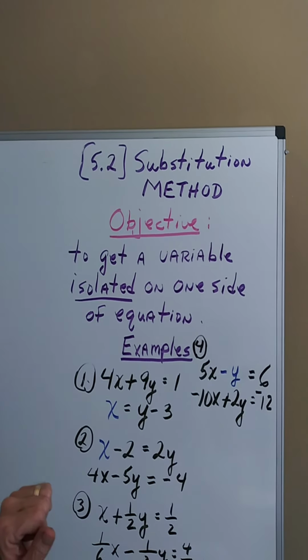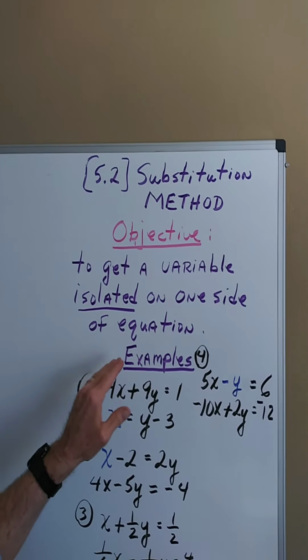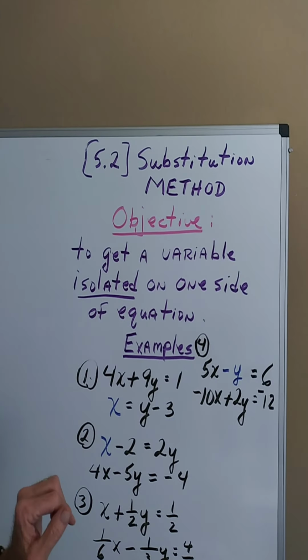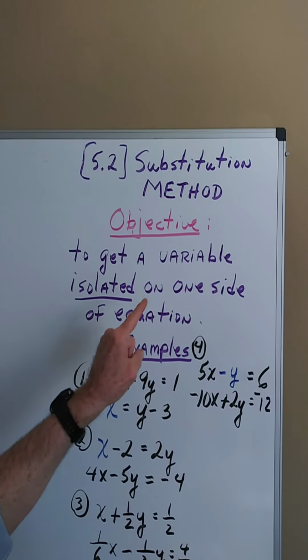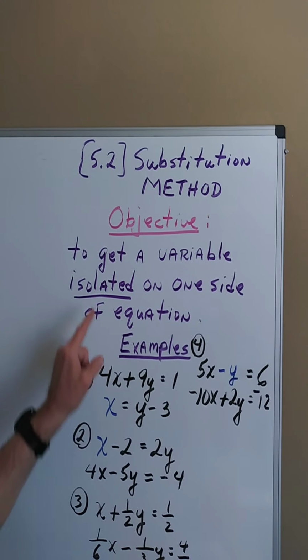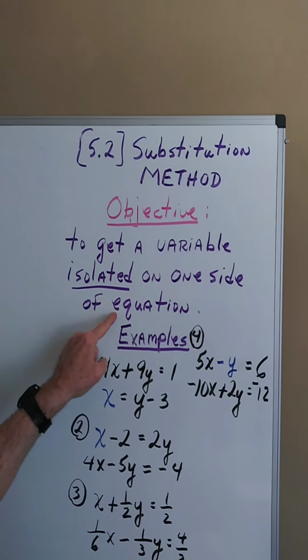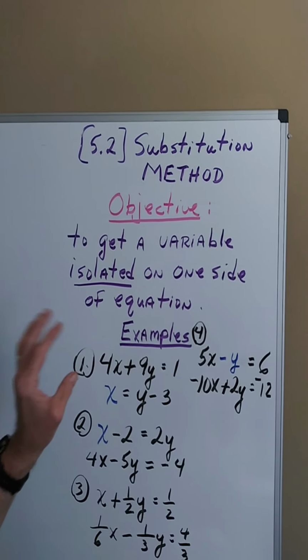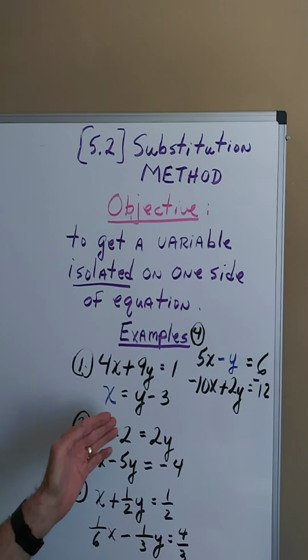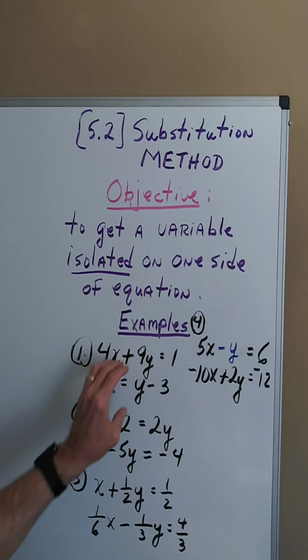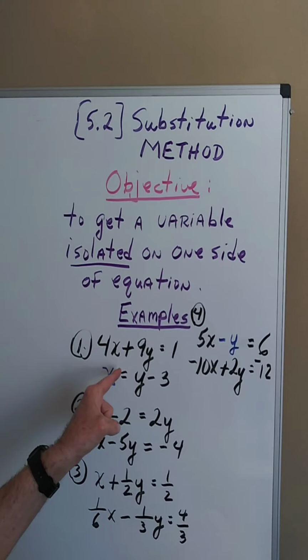First thing, when we're using the substitution method, our objective is to get a variable isolated on one side of a given equation. Now we know when we're dealing with a system, we're dealing with two linear equations that contain the same variables.